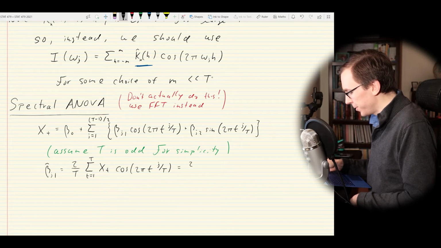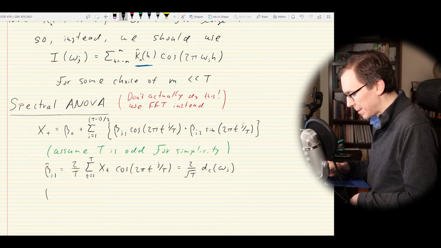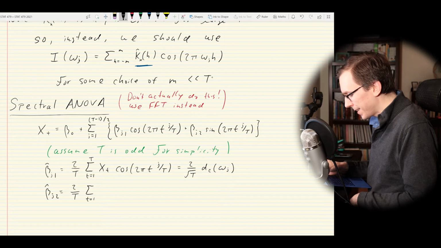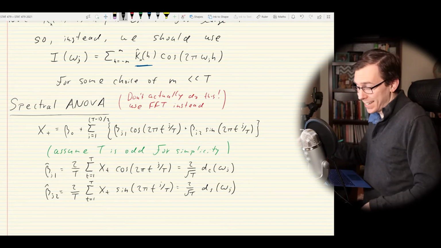Well, this is just 2 over the square root of T times the discrete cosine transform at omega j. And similarly, we get the exact same thing for the beta j2s, but it's going to be a sine transform, which we'll write out just for completeness sake. All right, so we have those 2 pieces now.